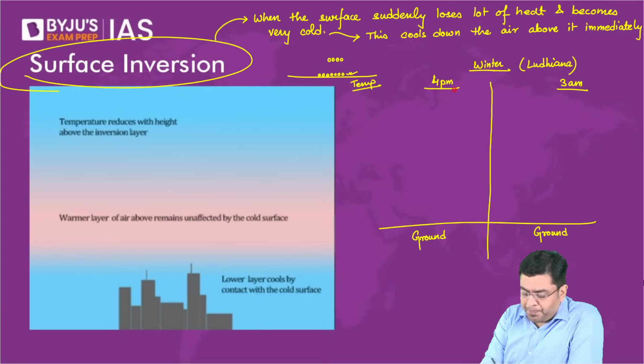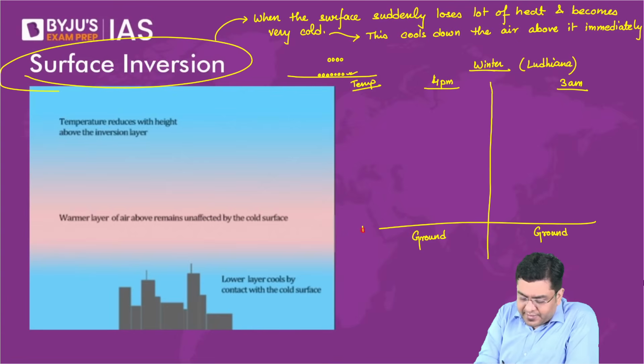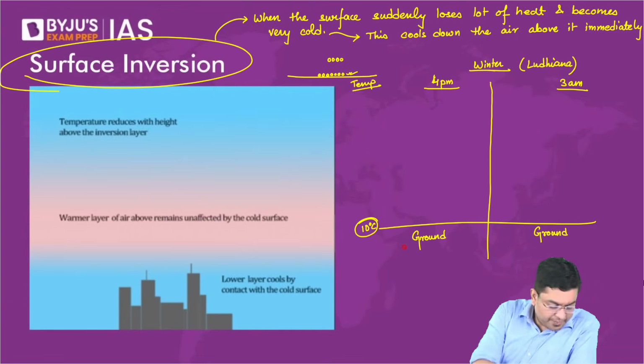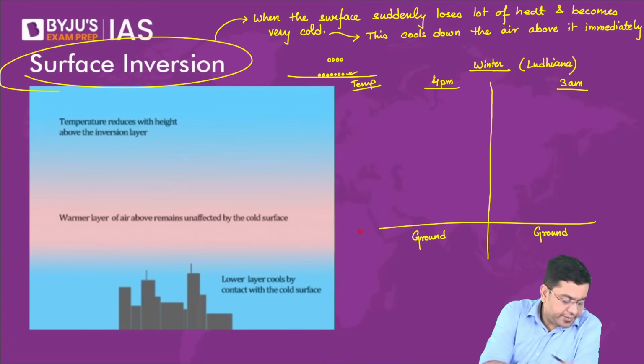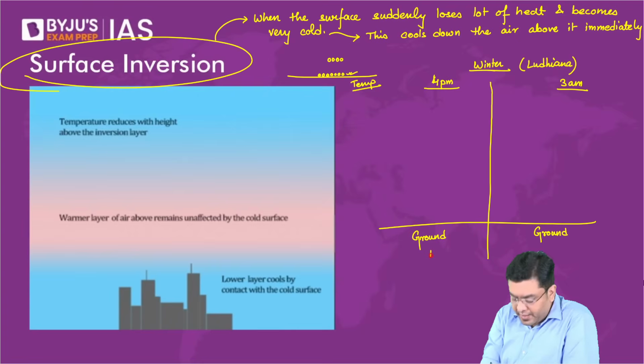Now at 4 p.m., let's suppose the ground temperature is 10 degrees Celsius. Okay, that is your ground temperature. And try to apply your logic here, guys. Don't simply look at what is being written.